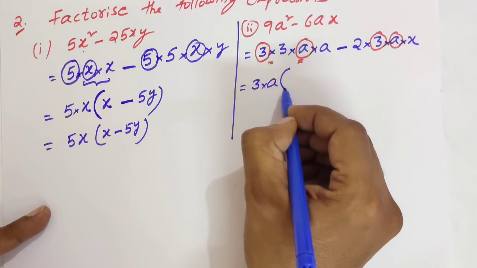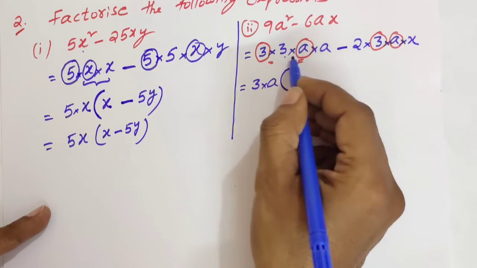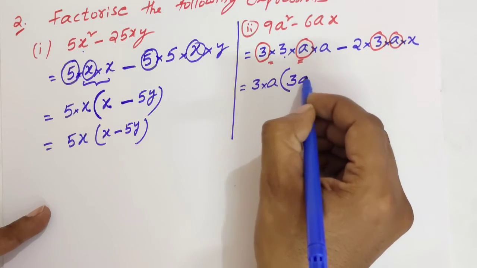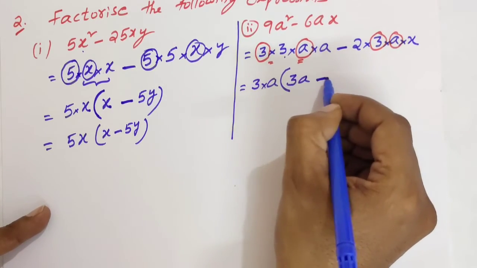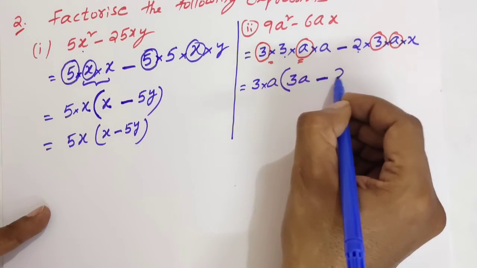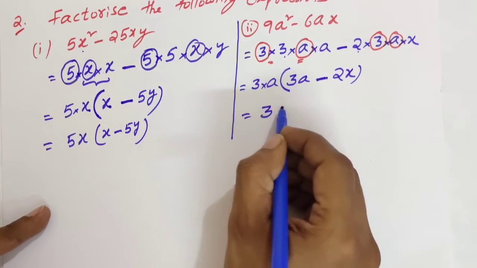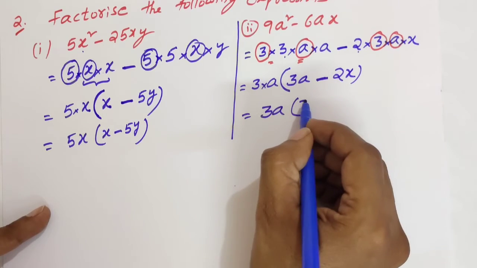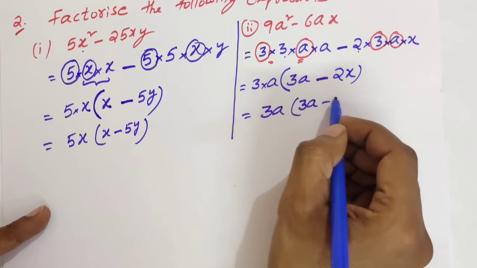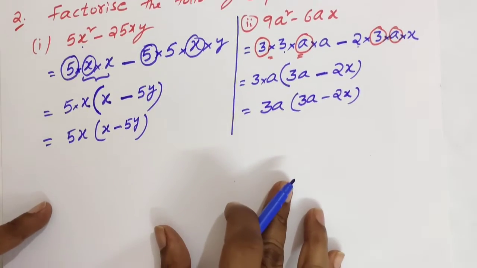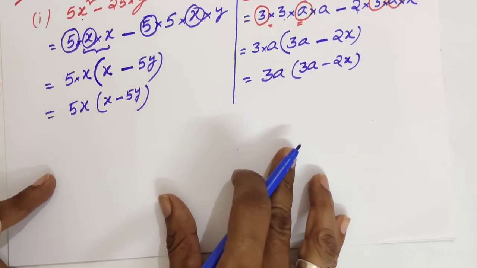Now begin the bracket. In this bracket, write the remaining term in the first one, that is 3a, and write the minus as it is, and 2x. So simply you can write it as 3a into (3a minus 2x). Okay children, now let us take another one.